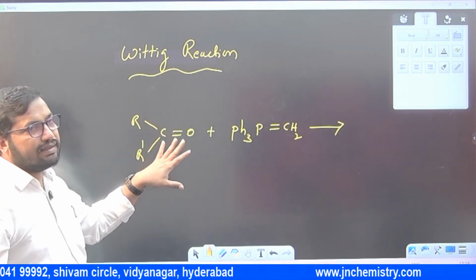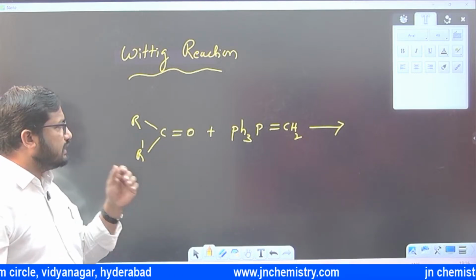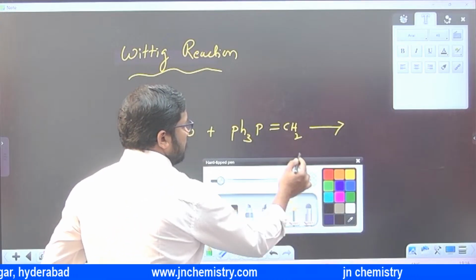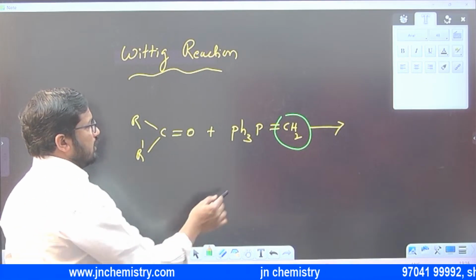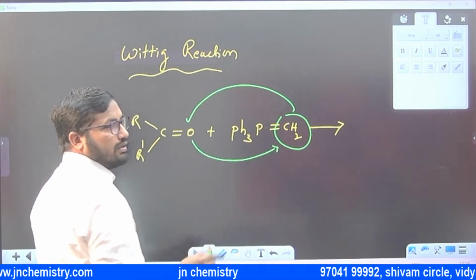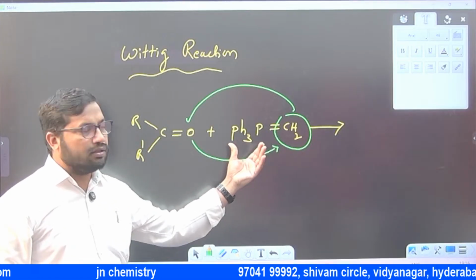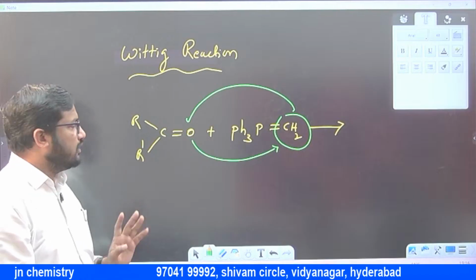So in this case, actually, we have a small mechanism, but it's an easy reaction. Simply, the CH2 bond is there, right? CH2 is exchanging. Directly we can write. It's a shortcut method. Whenever this type of aldehydes with ylide, triphenyl phosphine, simply what we can do, exchange takes place. What exchange?